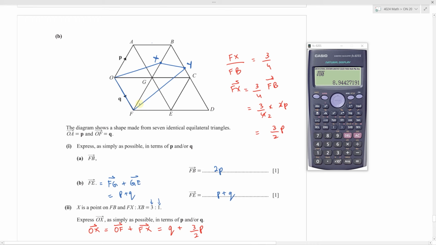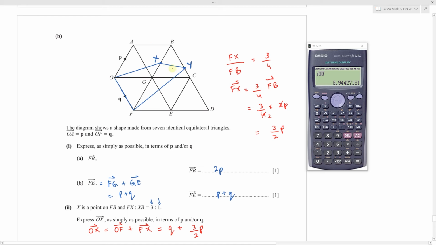For a trapezium, you have two lines that are parallel. In this case, the only unknown is the location of Y. It can move up or down. This line and this line cannot be parallel because Y is here, so this line has to go in this direction and will always intersect this line somewhere.